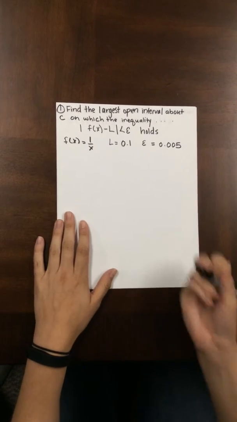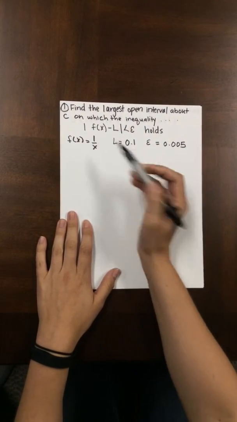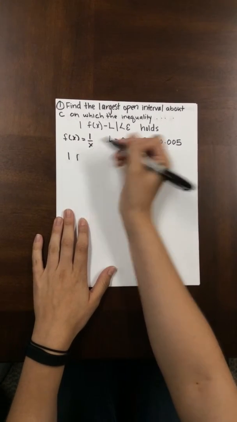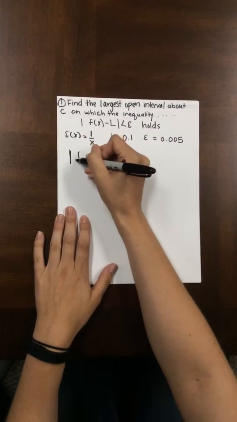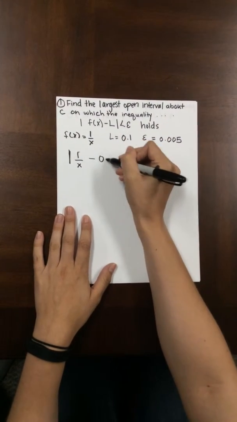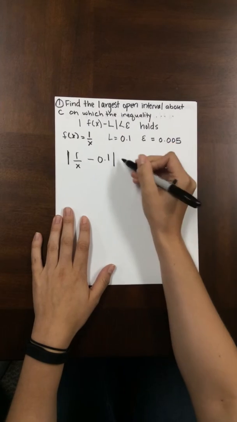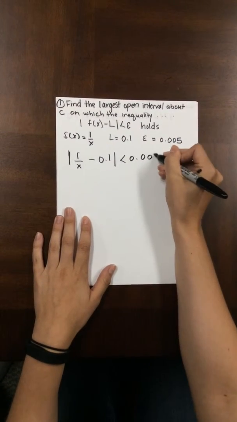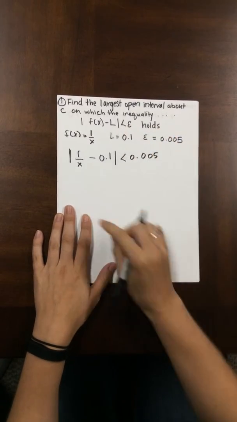Now we plug these values into the equation up here. So we get the absolute value of 1 over x minus the limit 0.1 less than 0.005, which is our epsilon value.